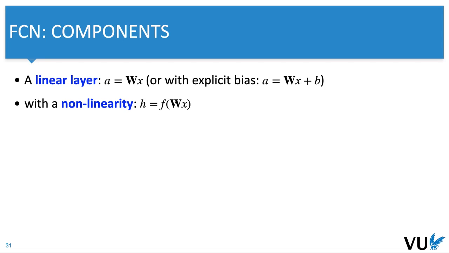Sometimes we write it as W times X, or we can define it with an additional explicit bias, this additional scalar B that shifts the whole output vector A. But very often we will just skip this B and talk about the linear layer in this way. Why? Because we can add the value 1 to X, and this corresponds to a learnable bias.